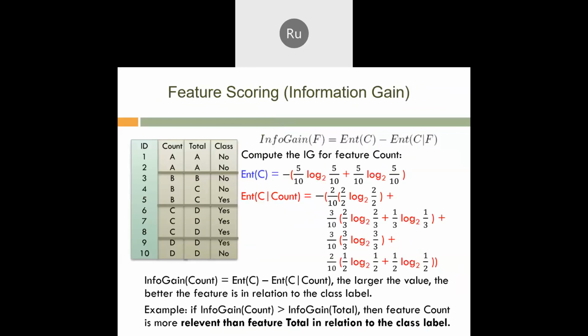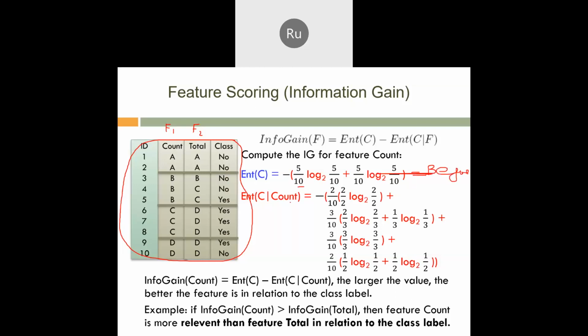Okay, let me give you one more example. For example, we have this data set and we have two variables: feature 1 for the count and feature 2. Before we split the data, we have this one table, so the entropy will be 5 yes and 5 no. So this is before splitting.